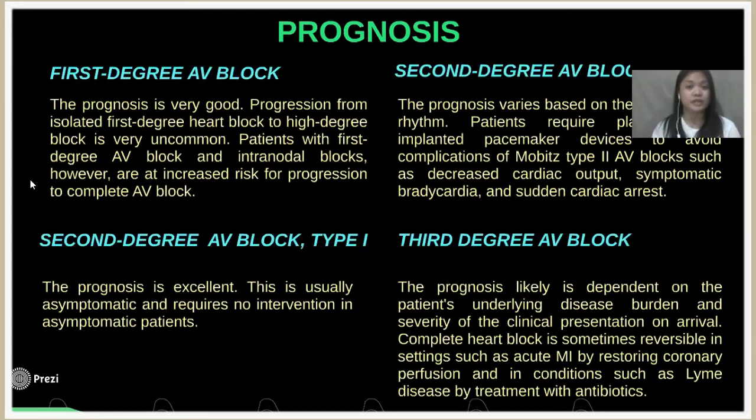Lastly, the third-degree AV block, the prognosis likely is dependent on the patient's underlying disease burden and severity of the clinical presentation on arrival. Complete heart block is sometimes reversible in settings such as acute myocardial infarction by restoring coronary perfusion and in conditions such as Lyme disease by treatment with antibiotics.